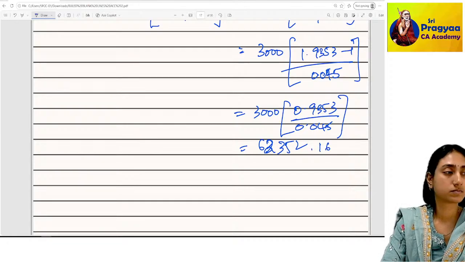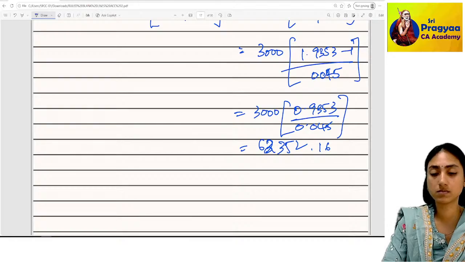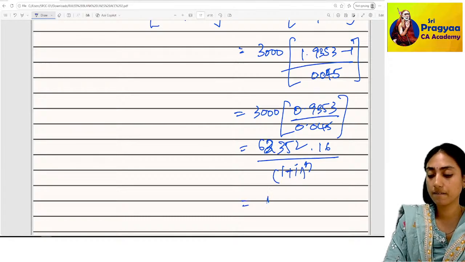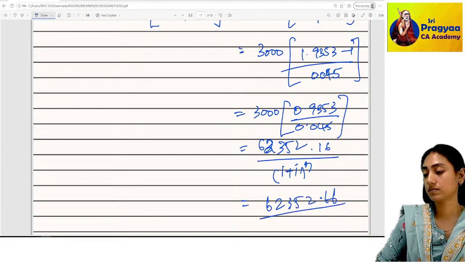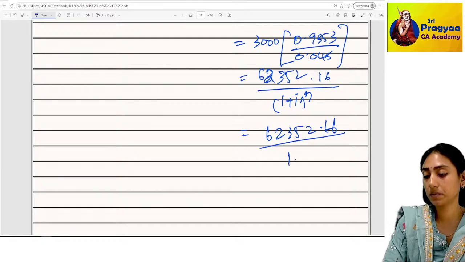ரெண்டு டெசிமல் எடுத்துக்கணும், 3 டெசிமல். 1.6 தானே? 16. Then this divided by 1 plus I power n, which is nothing but 1 point, correct?